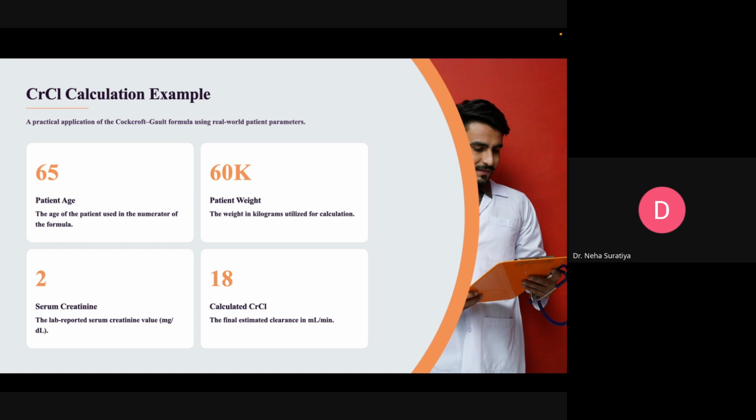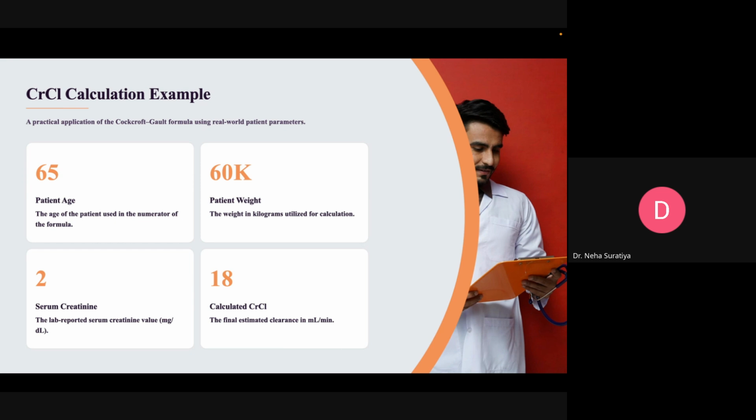Don't forget that. So this patient has severe renal impairment, meaning most of the renally cleared drugs need further dose reduction for this patient. Some drugs may be contraindicated also, and monitoring will be mandatory in this case. So this slide links numbers to clinical decisions, right?